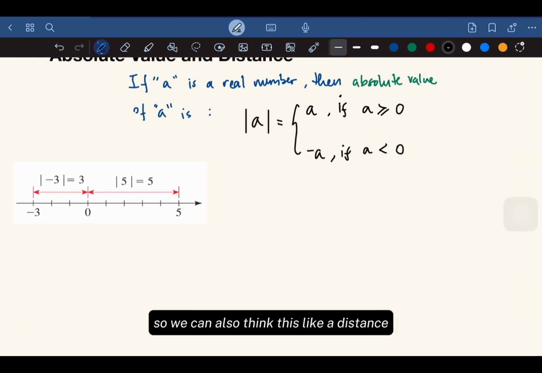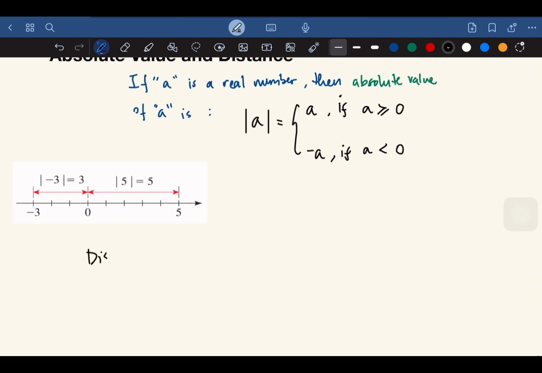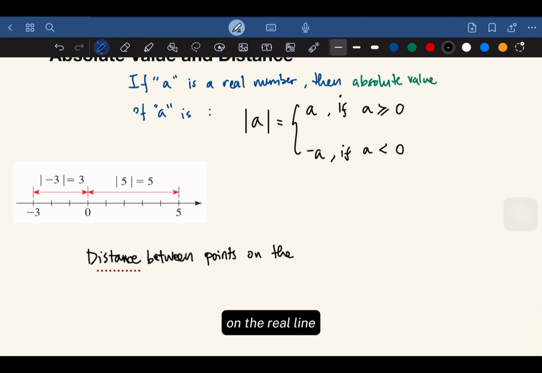So we can also think of this like a distance between points on the real line.